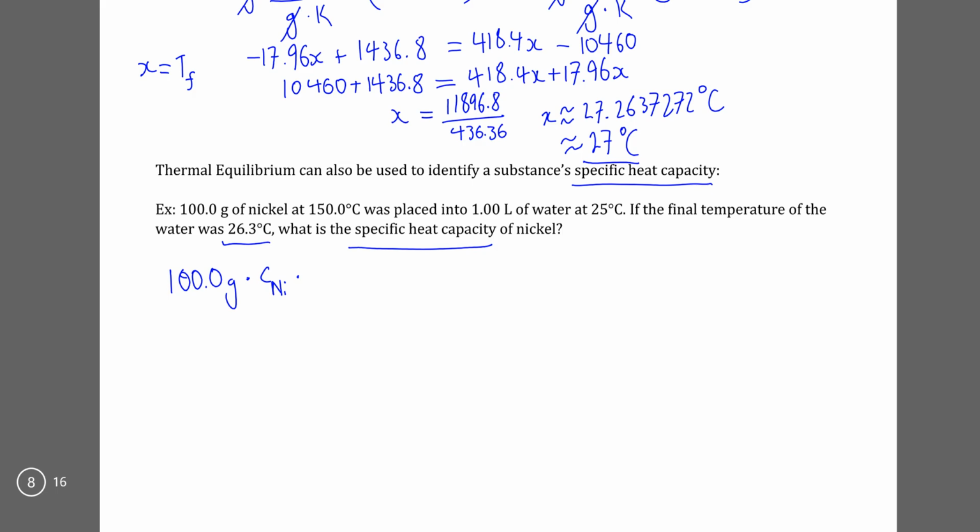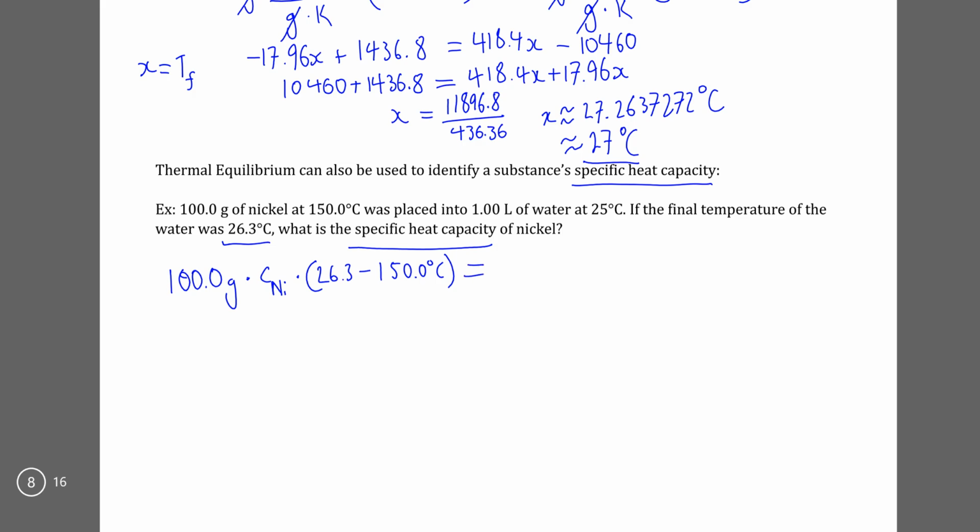So in the case of nickel, we know that the final temperature is 26.3 degrees Celsius, and we're going to subtract from that 150.0 degrees Celsius, and there's our setup for the specific heat capacity of nickel.